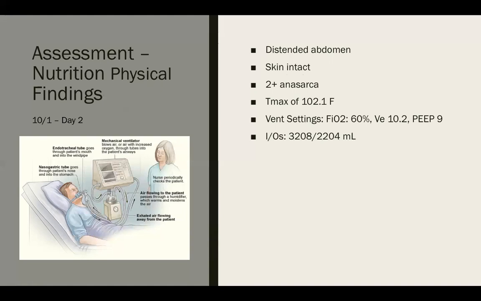These are her vent settings and her I's and O's, so intake and output of fluid. And then over here, you'll see a little picture that I thought was interesting if you're not in clinical and don't have an idea of what a vent does.